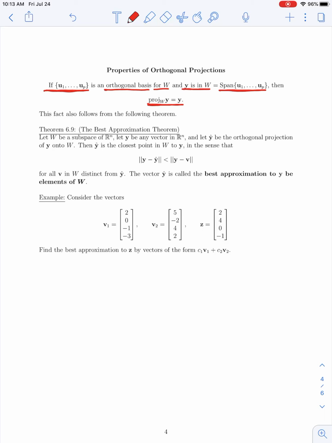That is, the orthogonal projection of a vector within a subspace onto that subspace is just the vector itself. Now this fact also follows from our next theorem.